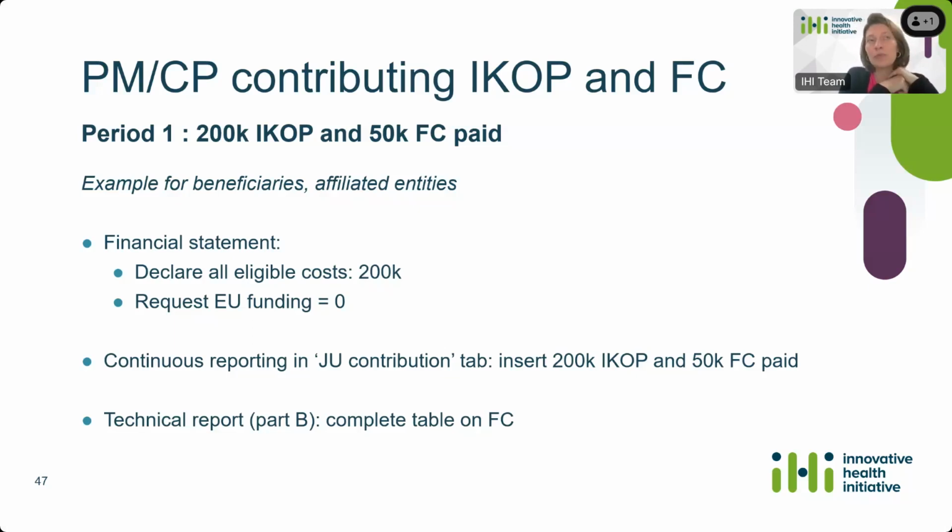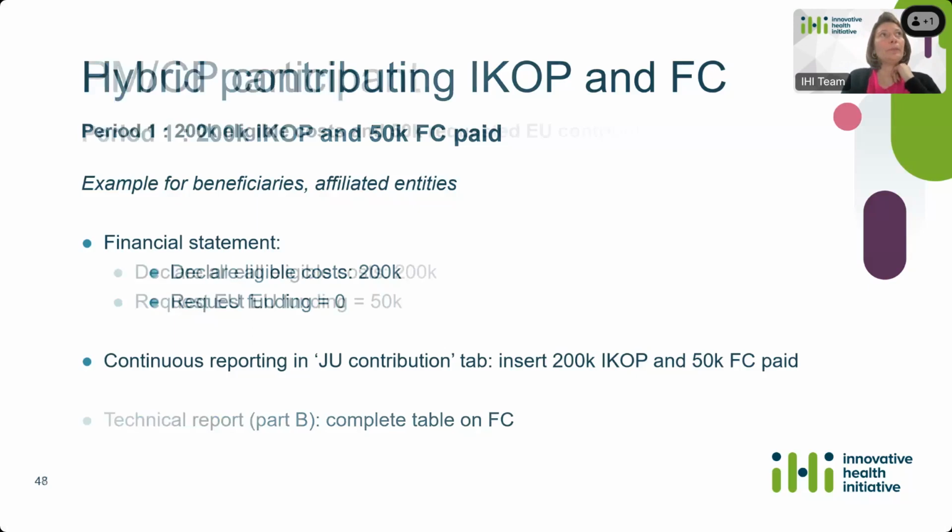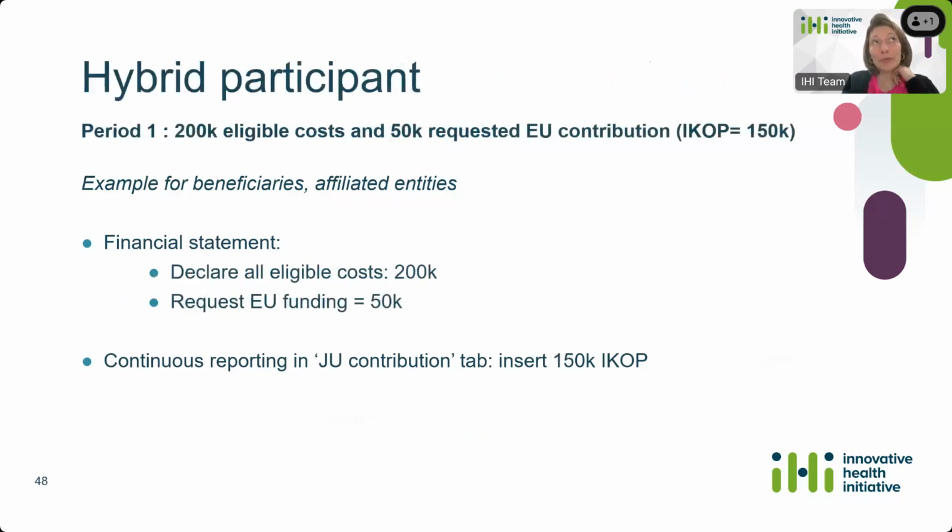And in the technical report part B, the entity will need to complete the table on the financial contributions. In case of hybrid participants, for period 1, in case the hybrid participant has incurred 200K eligible costs, is requesting 50K as a requested EU contribution. What does it give? So in the financial statement, again, it's an example for beneficiaries and affiliated entity.